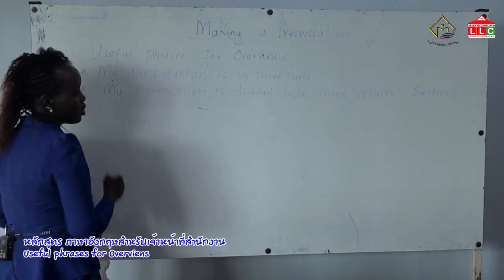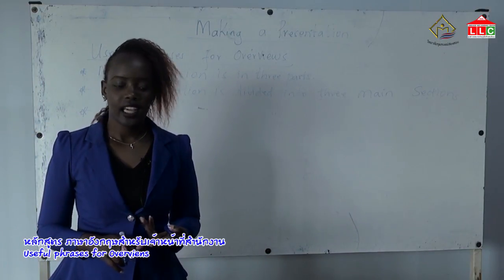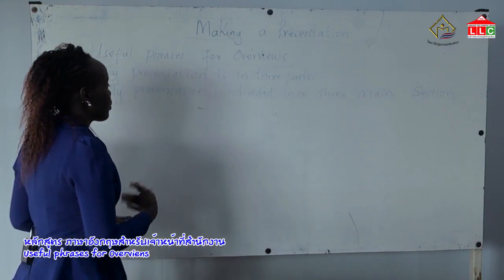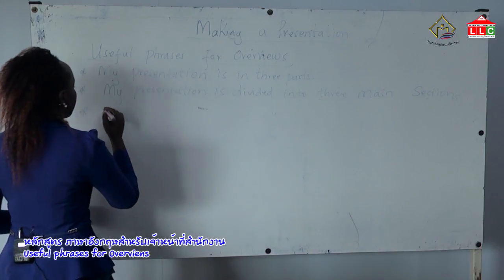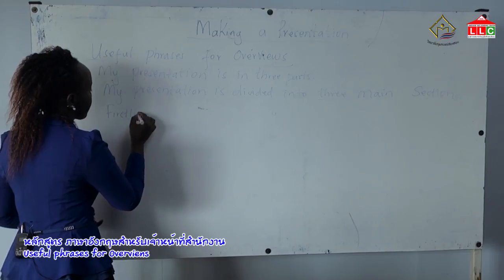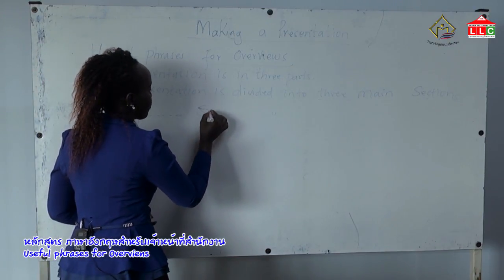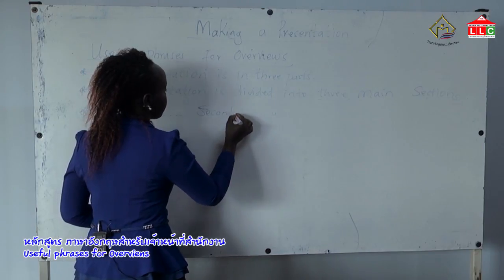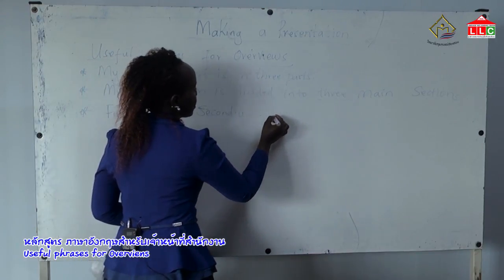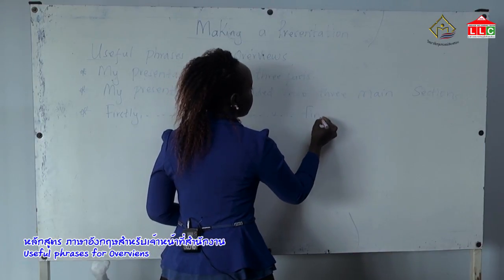Next phrase that you can use is firstly, secondly, thirdly, and then if you have 4, you say firstly, and then you give your point, and then after the second point you say secondly, and if there are 3, you say finally.